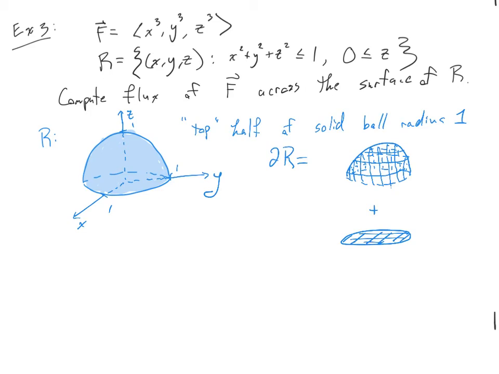And if you're orienting the boundary of R, you always use the outwards normal. So the top is oriented like that, your standard outward orientation on the sphere. But I'm only taking half the sphere. But this disk is oriented down. So this is like the unit disk in the xy plane, but oriented down.